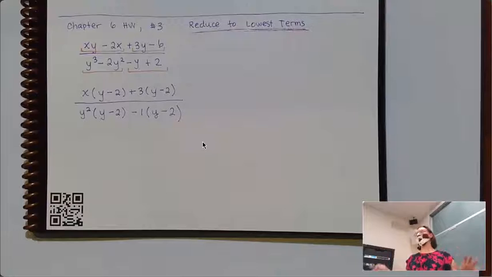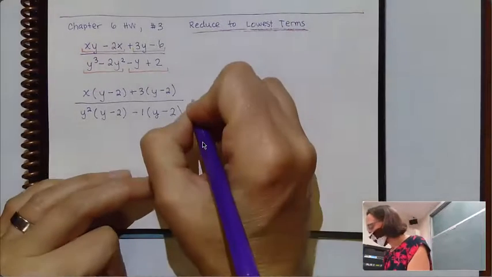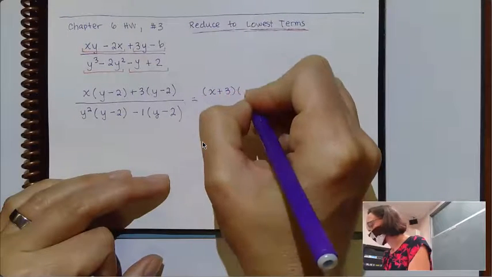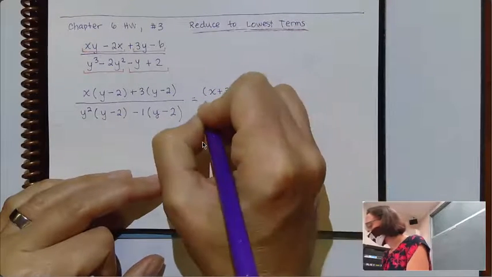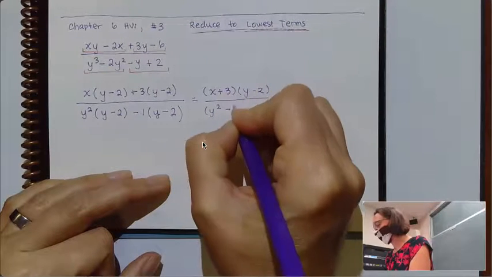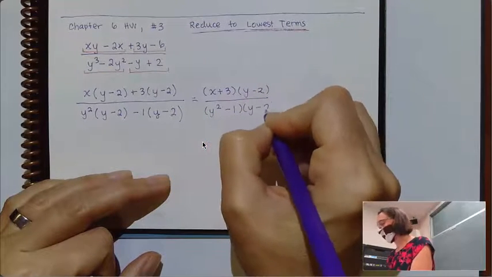The net result is going to be the same, but we need to take a minute to make sure that we have everything on top as multiplication and everything on the bottom as multiplication also. Which means on the top, I'm going to finish my factoring and get x plus 3 times y minus 2. And on the bottom, when I finish my factoring, I've got y squared minus 1 times y minus 2.